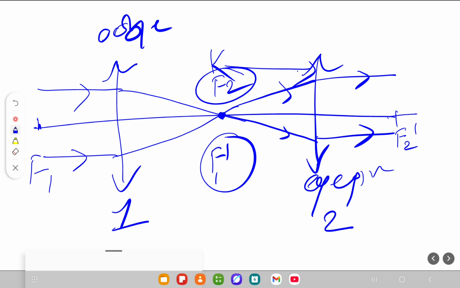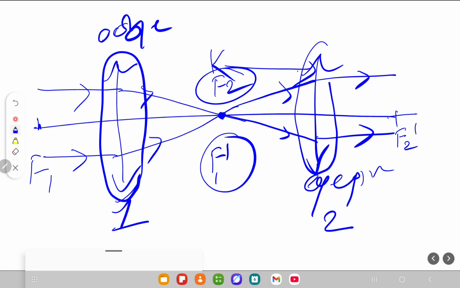So the image made by the first lens becomes the object for the second lens. And now I want to tell you one more important thing. It depends upon the object of the second lens, where this lies, whether light goes parallel, convergent or divergent. Let's take an example.